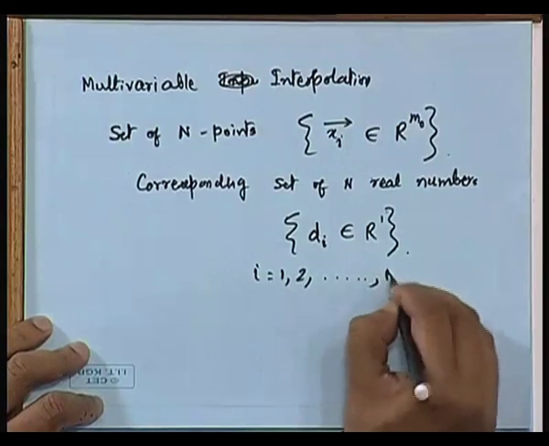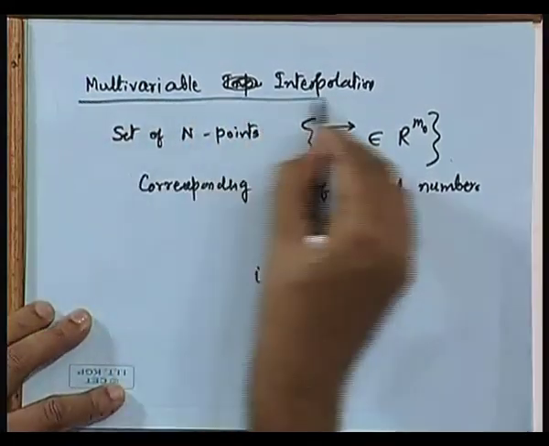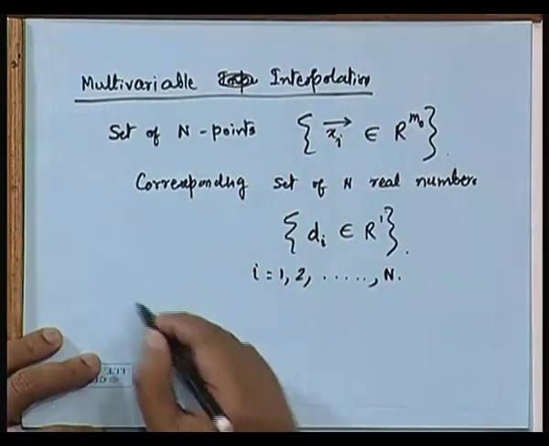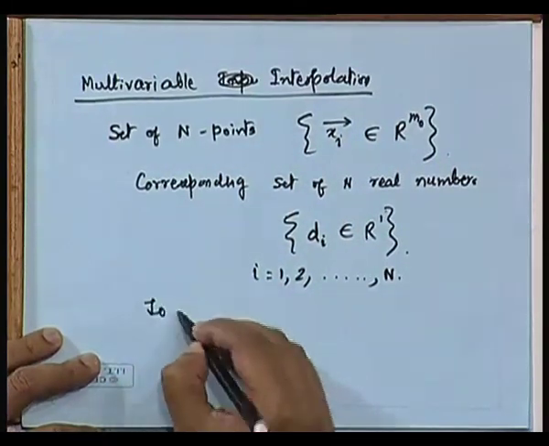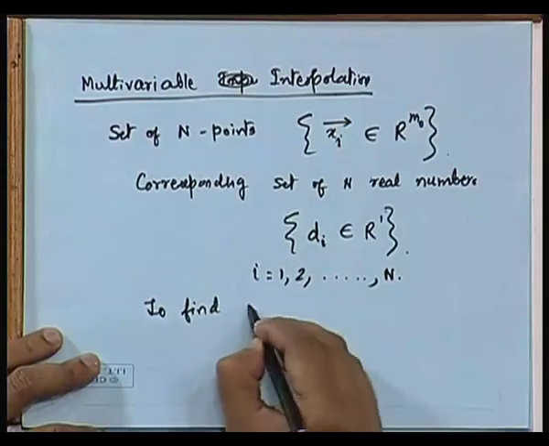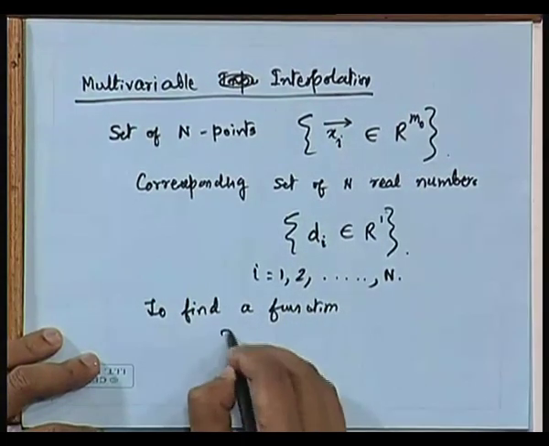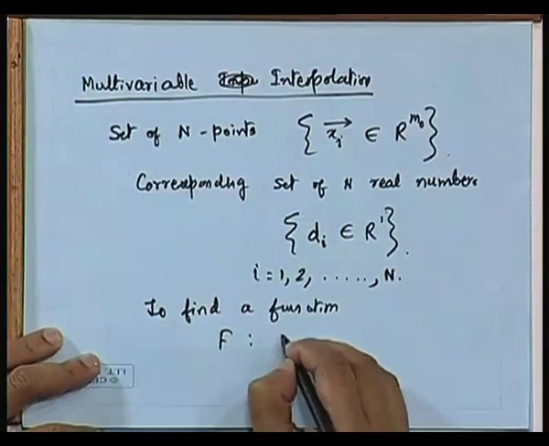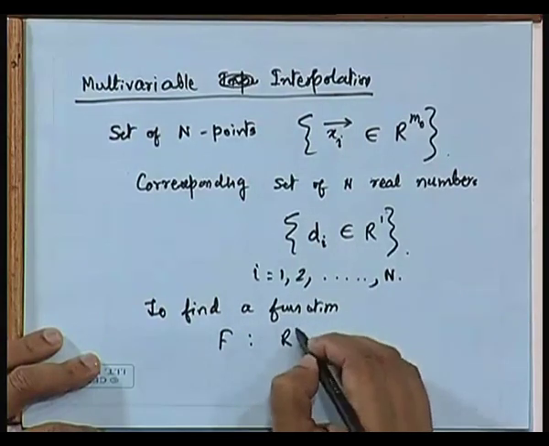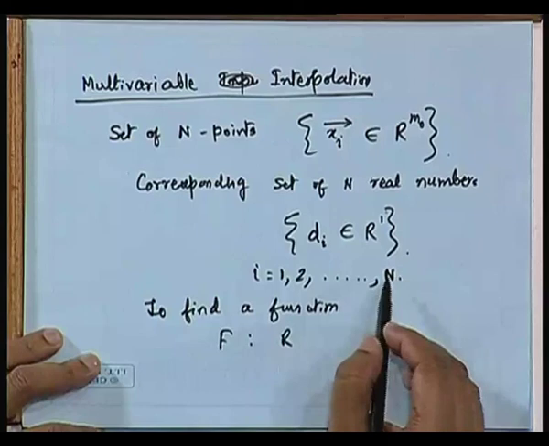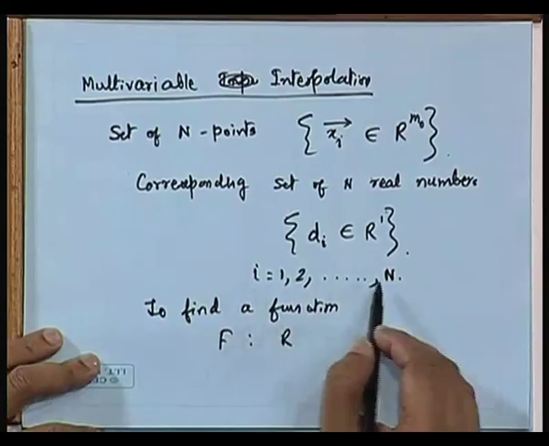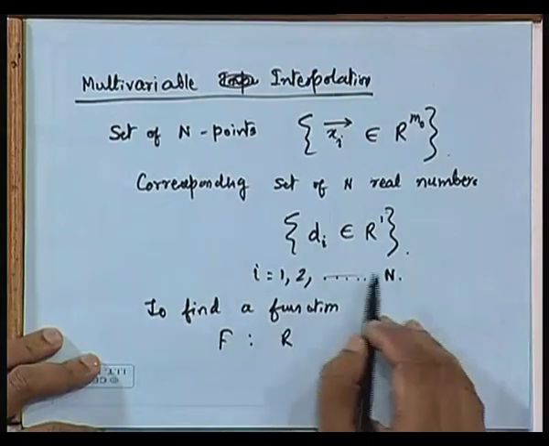And the multivariable interpolation problem is to find a function f. What is f? f should be a function for which n such patterns are being fed.